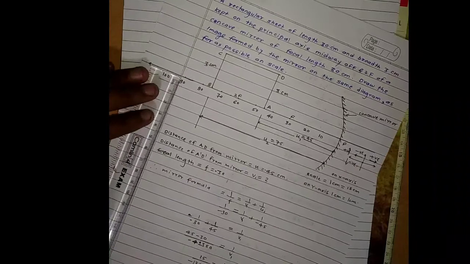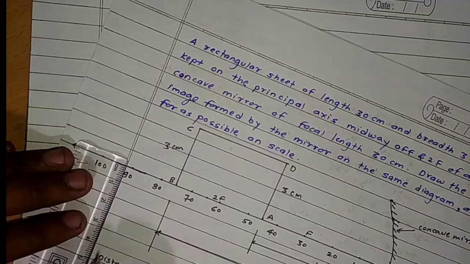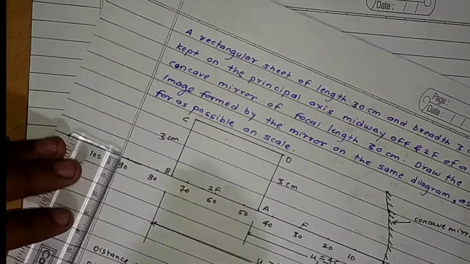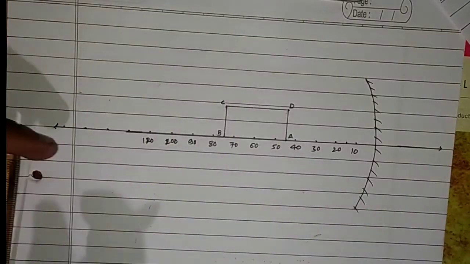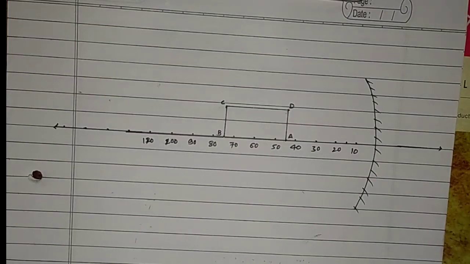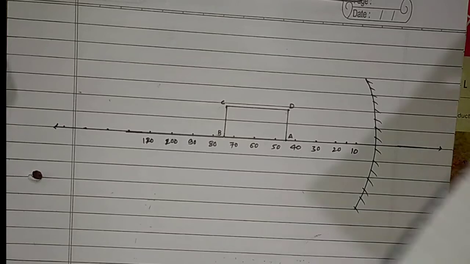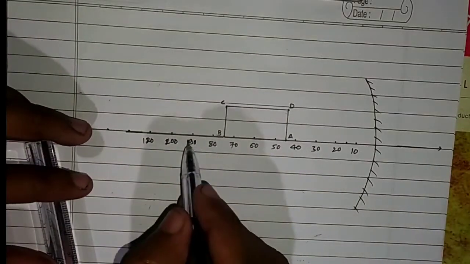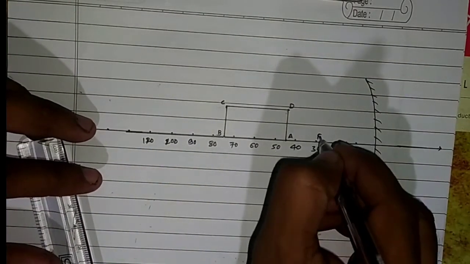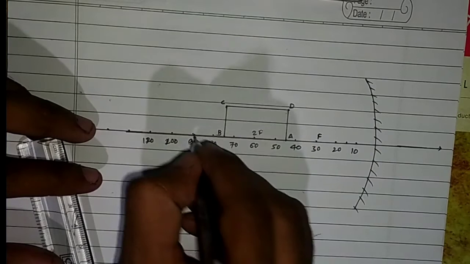Let me draw another figure, because if you draw on this figure it will get complicated with this data. So let me draw quickly. Here is our object, and see what the values for our image are. For the AD side you have a distance of -90. Here it is 90, that is F point, here is the 2F point, and that is 90.